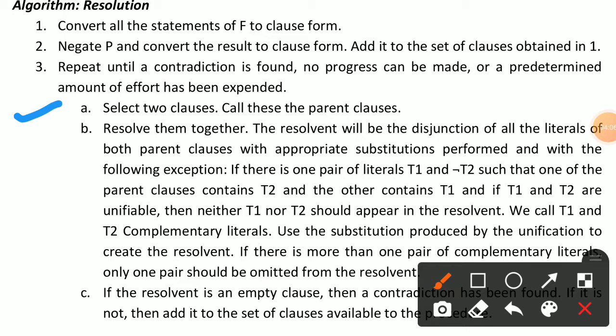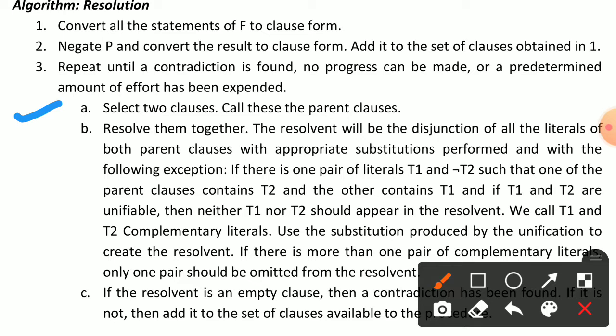First we select the 2 different clauses and call these the parent clauses. From the parent clauses we make another clause, which is called the child clause or resolvent.